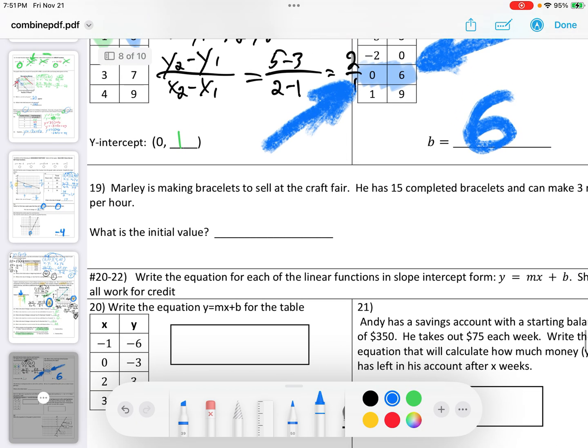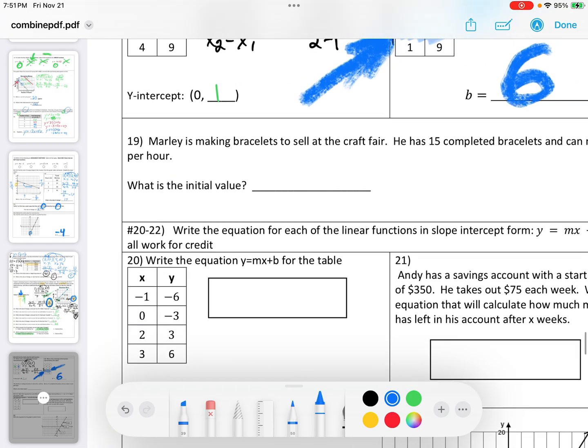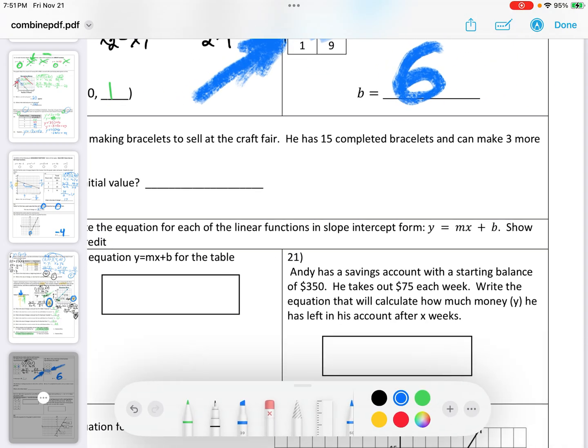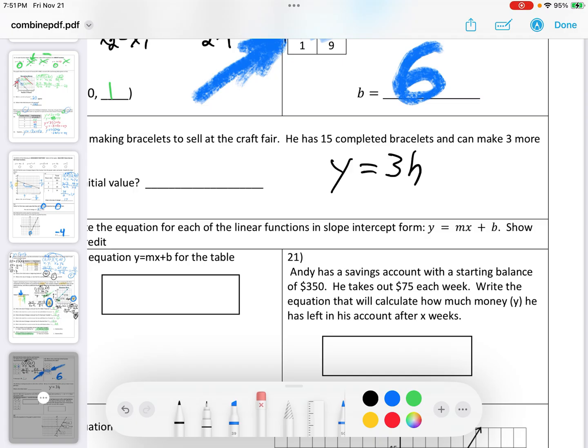Okay. Marley's making bracelets. He has 15 completed and can make 3 more per hour. So our initial value, I'm going to write an equation, whether we need it for the problem or not. 3 more every hour. Well, total number of bracelets, might as well use B. 3 per hour plus 15 that he started with.